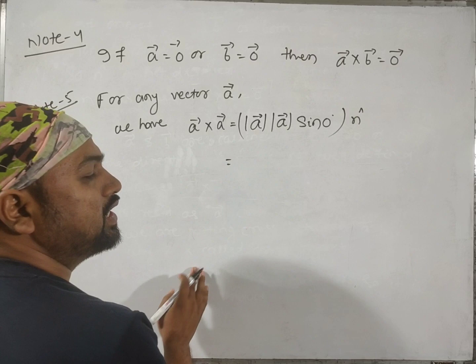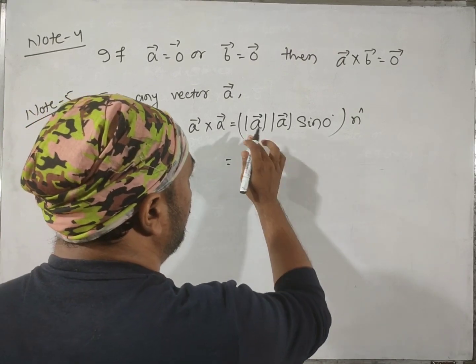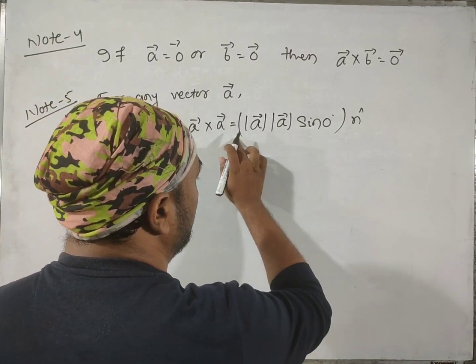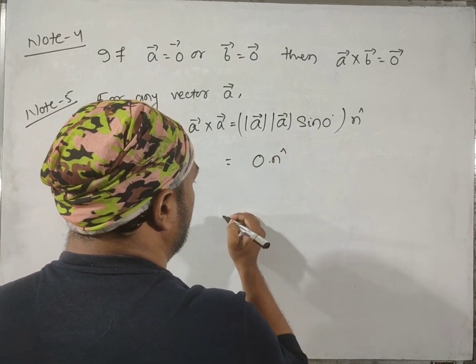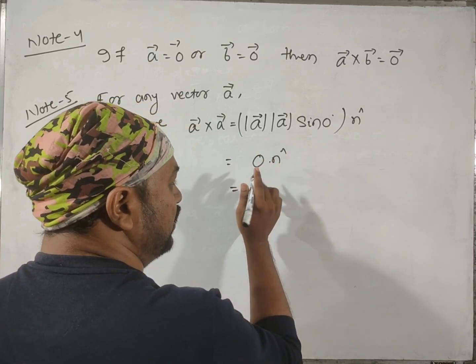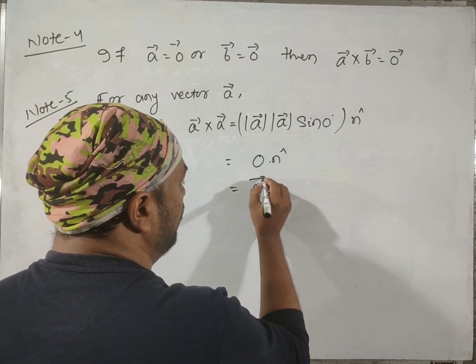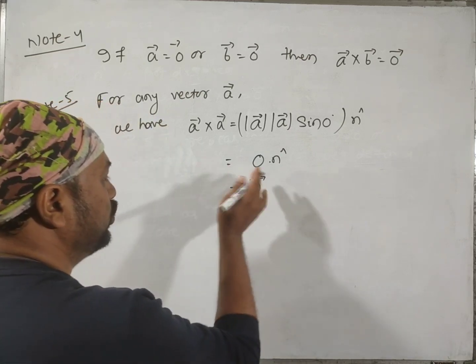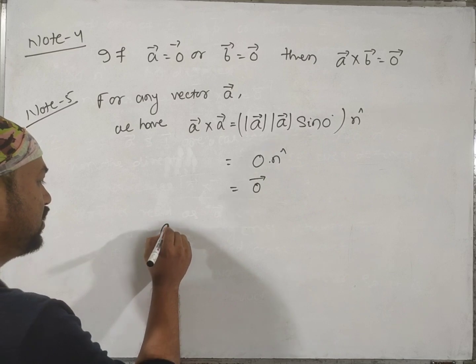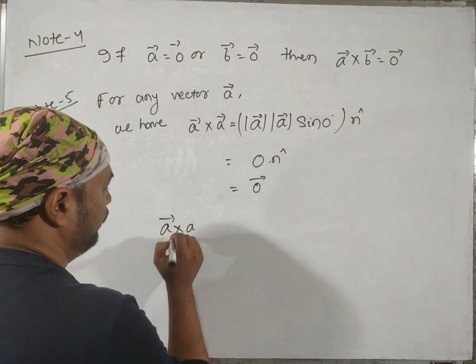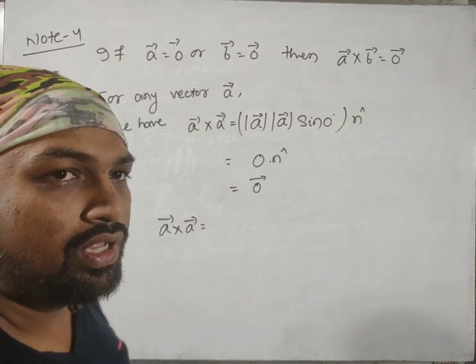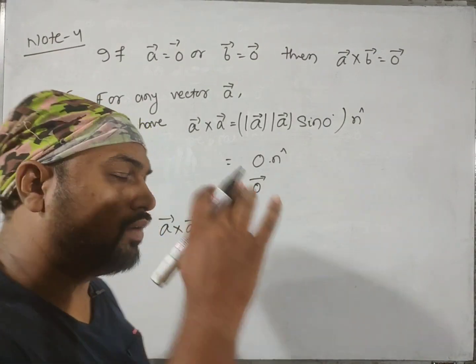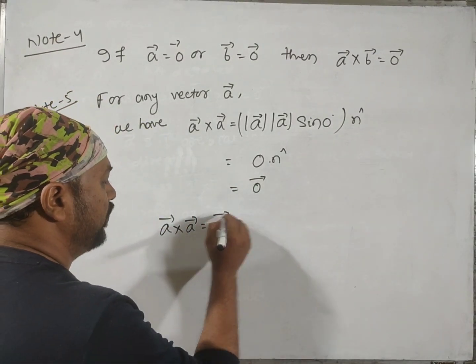But we know that sine 0 is always 0. So the total term here will be 0 with n cap direction. As it has a direction, it will be converted into 0 vector. So the result is that the vector product of A vector with itself is always zero vector.